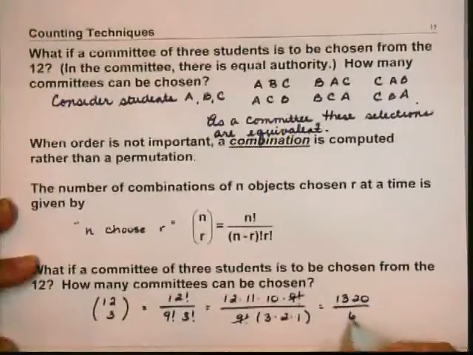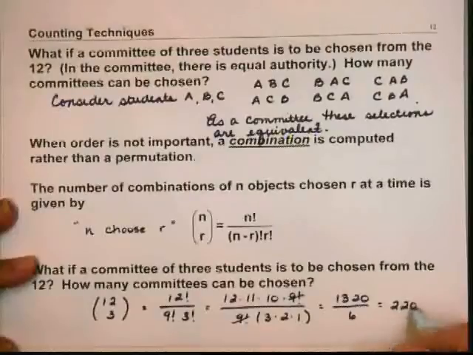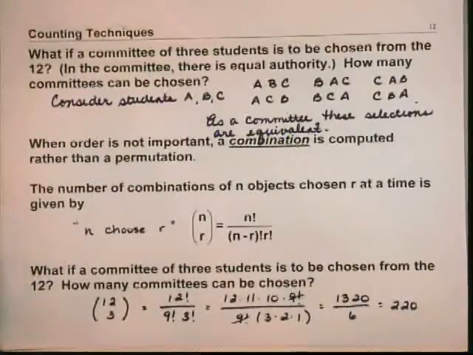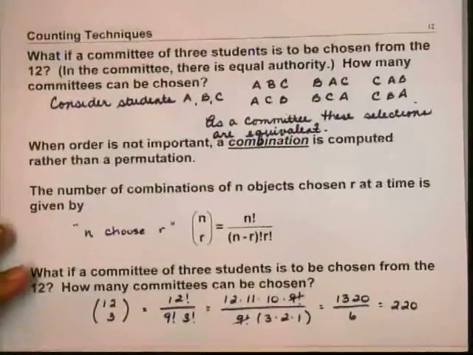Divide out the duplicates of 6, and so I would have 220 different committees that are possible. Okay, so far?